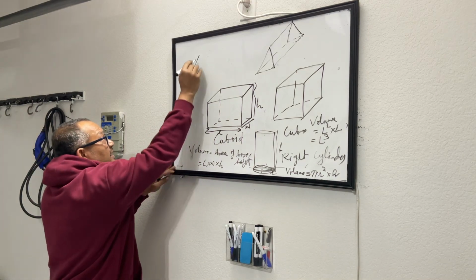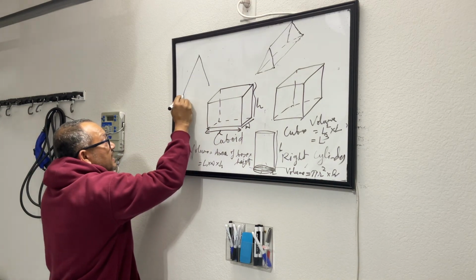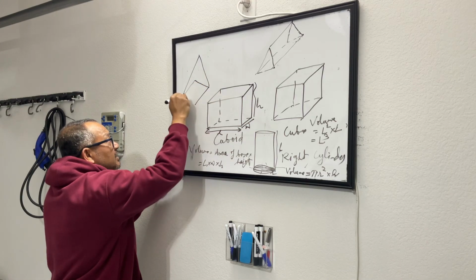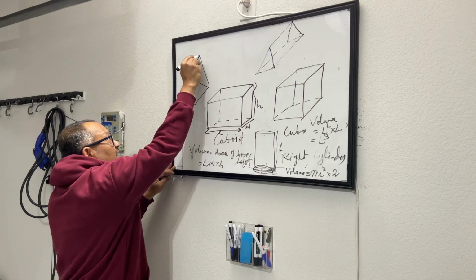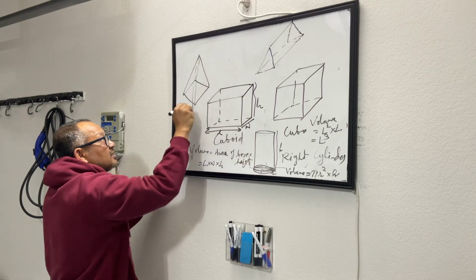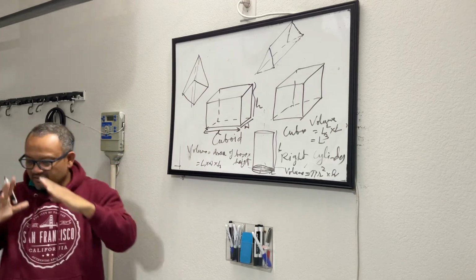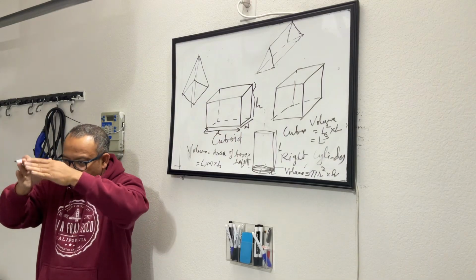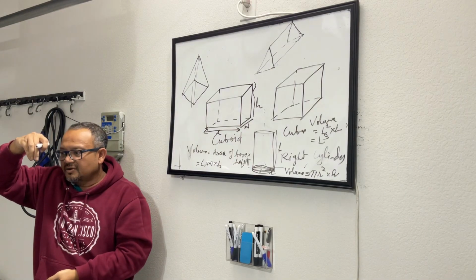A pyramid has a unique situation where you have a rectangle at the base, and that converges to become a point. So imagine a rectangle here, and then everything tapers down to become a point at the top.